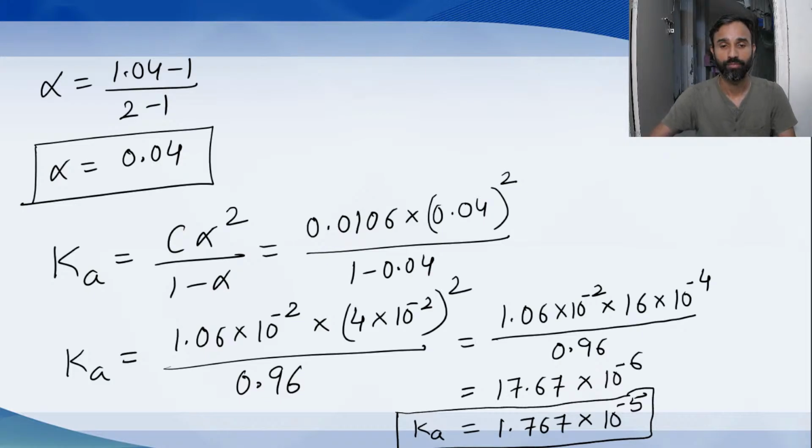Okay. So alpha we have calculated, and Ka is equal to 1.767, or 1.77, into 10 raised to minus 5.